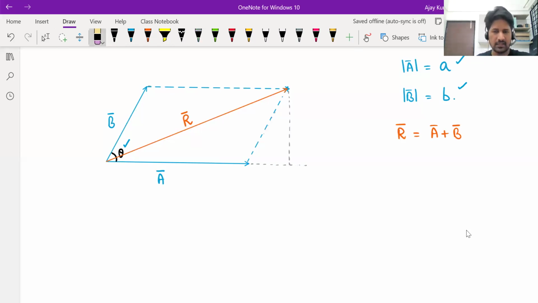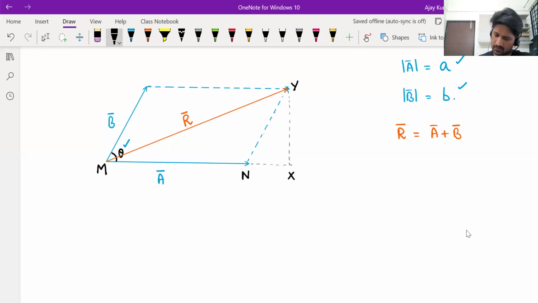These are just some extended lines that we have drawn. Now let's mark some points. Let's call them M, N, X, Y.